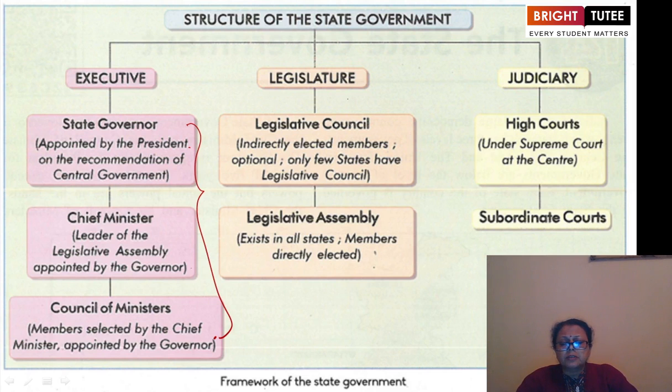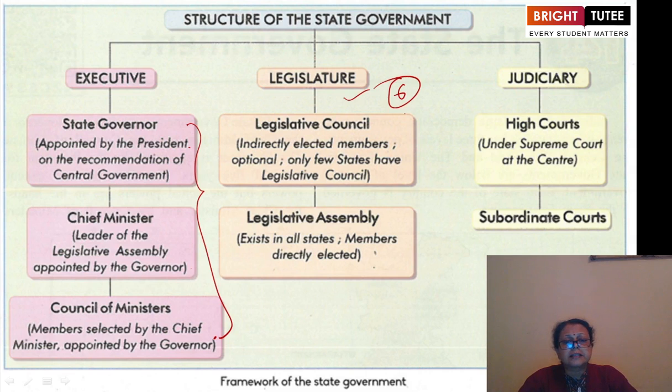Then comes the second, the legislature, the lawmaking body. Legislative council, indirectly elected members. Optional, only a few states have a legislative council. Only 6 states have the legislative council. In the previous slide we discussed the states: Andhra Pradesh, Bihar, Uttar Pradesh, Karnataka, Maharashtra, Telangana.